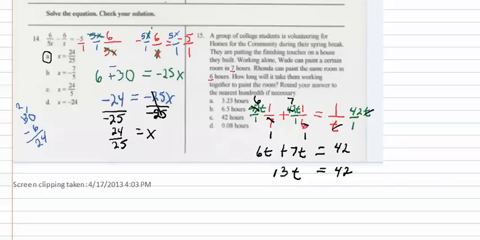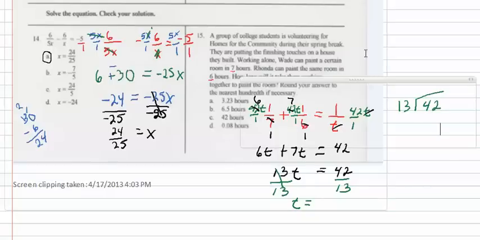Next step, I'm going to divide by 13 on both sides. So now we're going to figure out what our t is. On the side, I'm going to say 13 will go into 42 how many times?